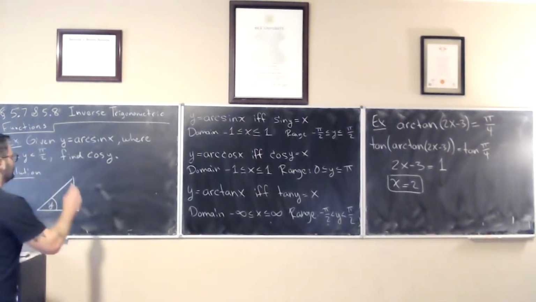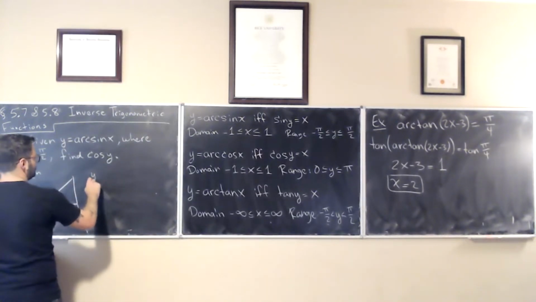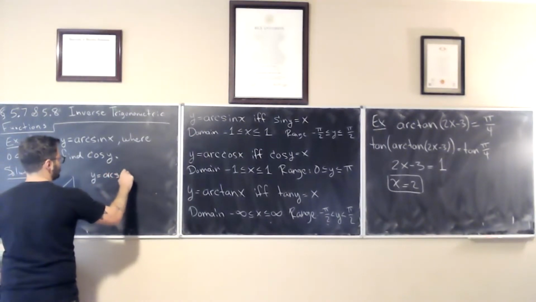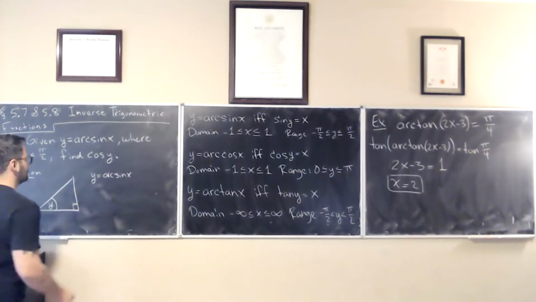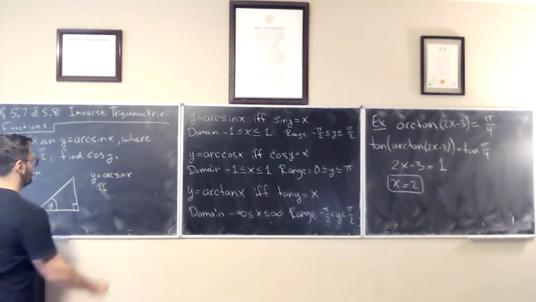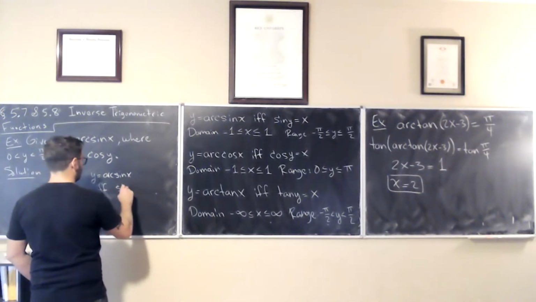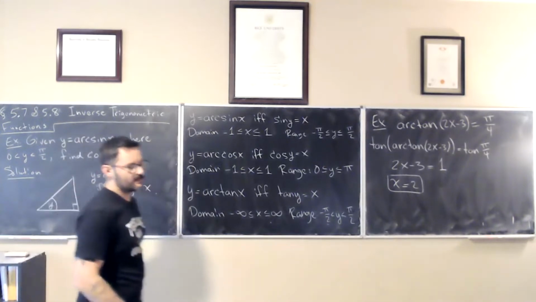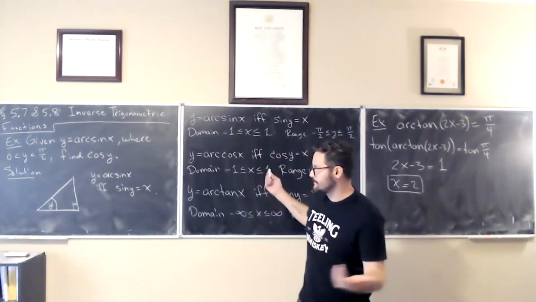Okay, so notice now that by definition, y equals arc sine of x if and only if what? Sine of y is equal to x, right? That's just the definition of the inverse.